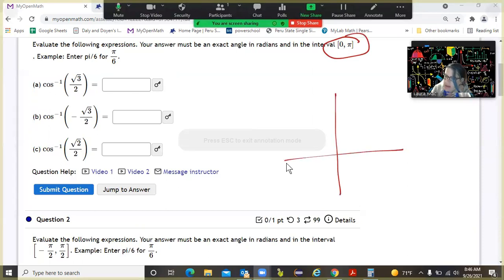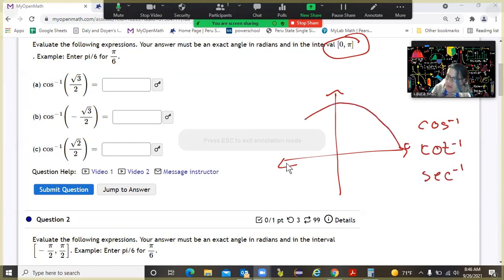In general, cosine inverse, cotangent inverse, and secant inverse, their solutions are going to be on the top half. So between 0 and pi. And this is because, again, in order to make it a function, we've got to make sure that there's only one solution, one answer.